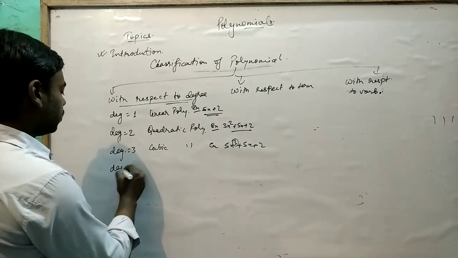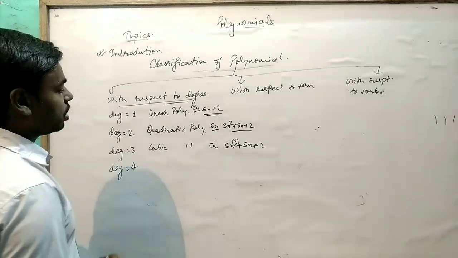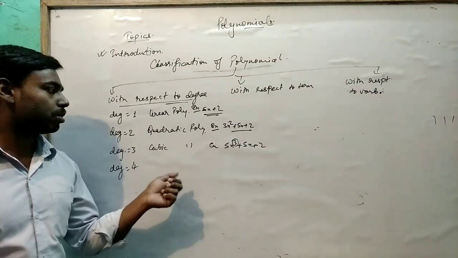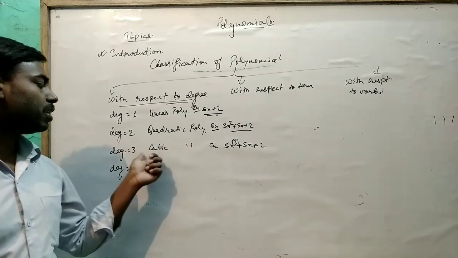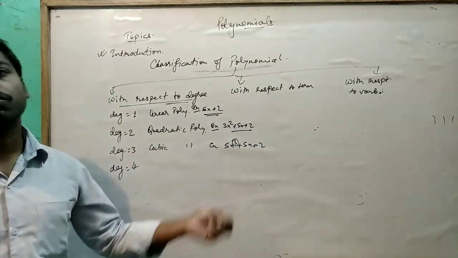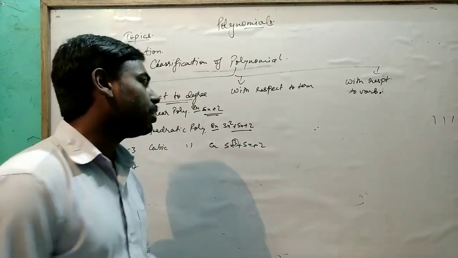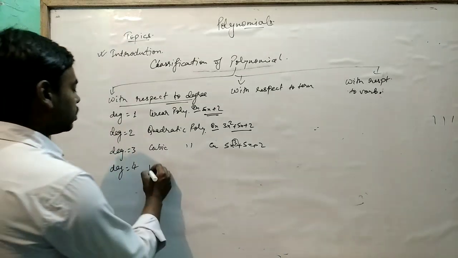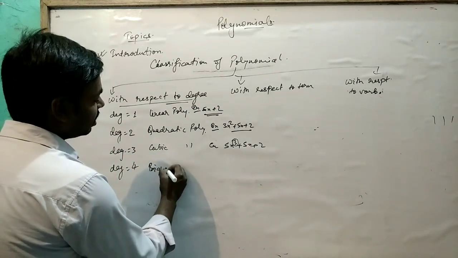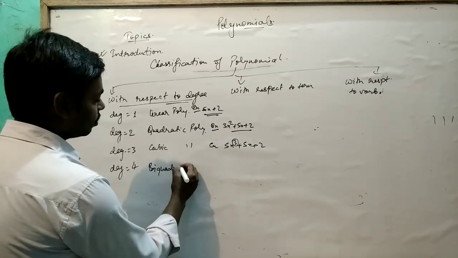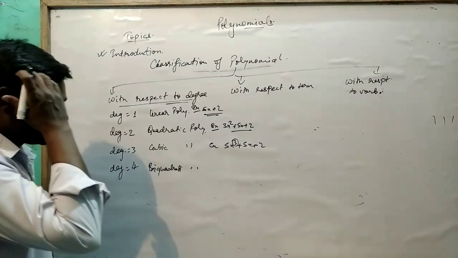Next, it can also be called a polynomial with degree 3, polynomial with degree 4, polynomial with degree 5, or this is a biquadratic polynomial.